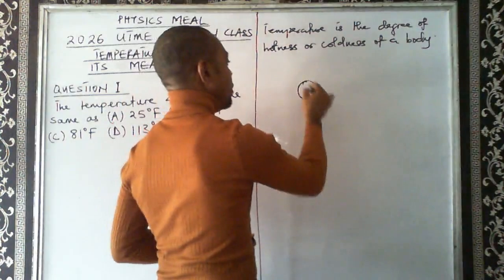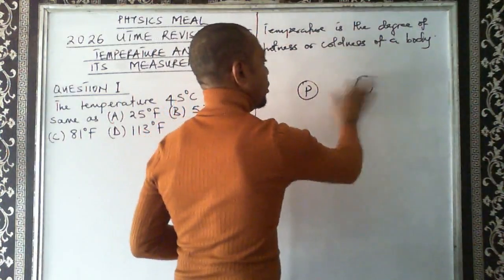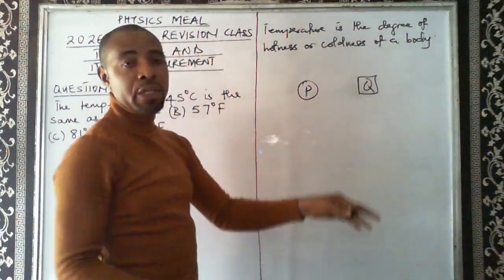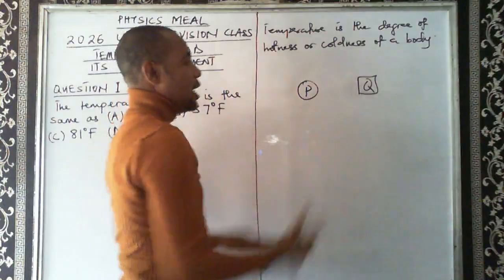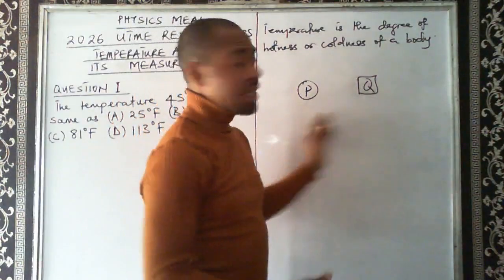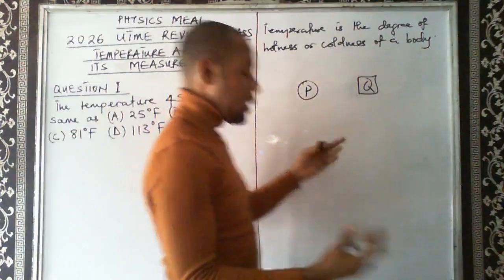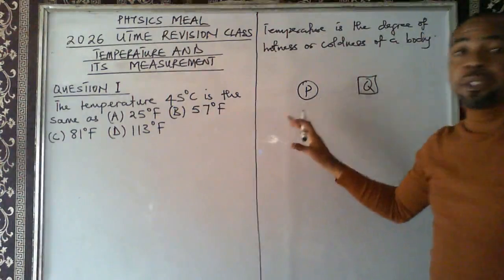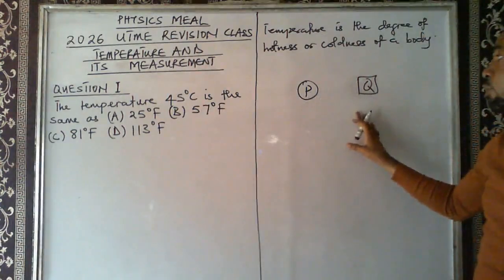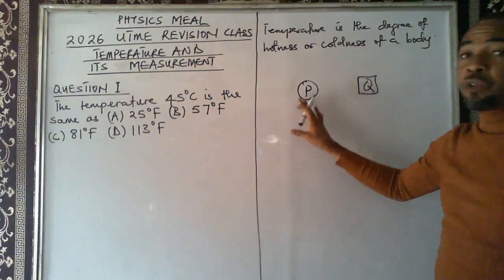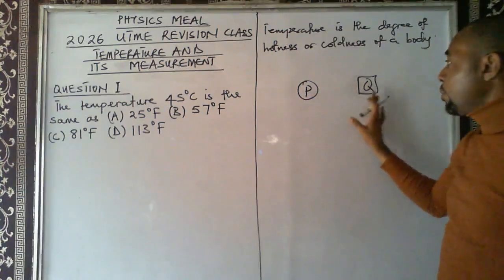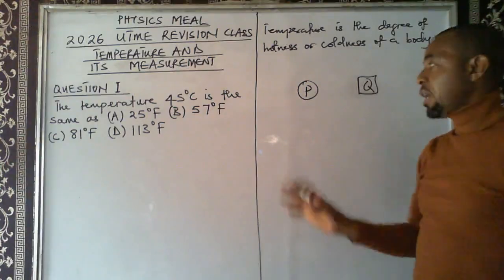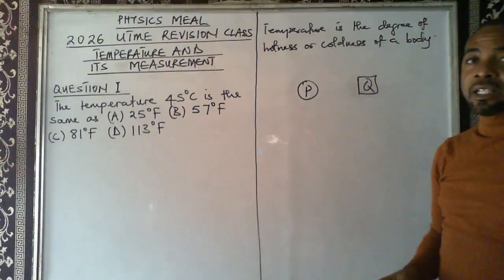If I have two bodies, body P and body Q, and we are asked where is the direction of heat flow between P and Q, we cannot actually state, because we don't know the temperature of P and we don't know the temperature of Q. So we cannot say that heat flows from P to Q or from Q to P. But once we indicate their temperatures, we can actually determine the direction of heat flow.